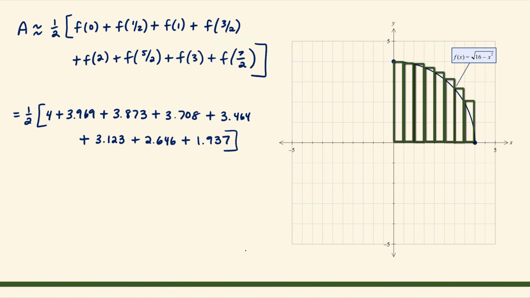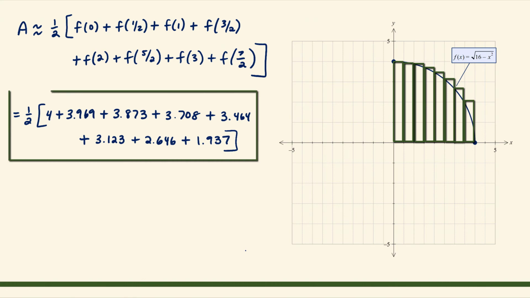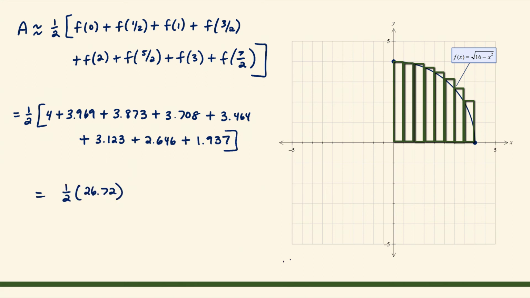Thus, our area is approximately equal to 1/2 times the quantity 4 plus 3.969 plus 3.873 plus 3.708 plus 3.464 plus 3.123 plus 2.646 plus 1.937. This simplifies to 1/2 times the sum, which becomes 26.72, which is equal to 13.36 square units.